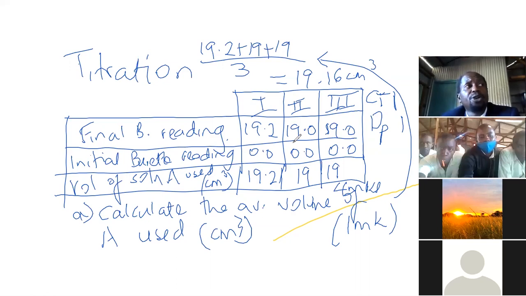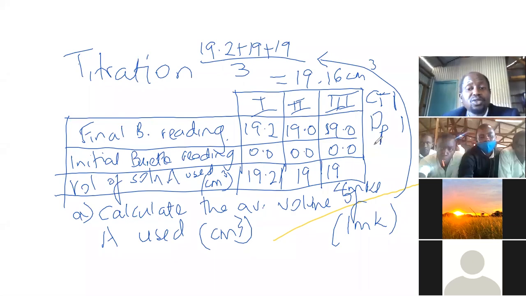We overlook or ignore use of decimals for a 0 reading at the initial burette reading. So if you write just 0 or 0.00 or 0.0, that one we overlook if the reading is just 0, for the second row only.